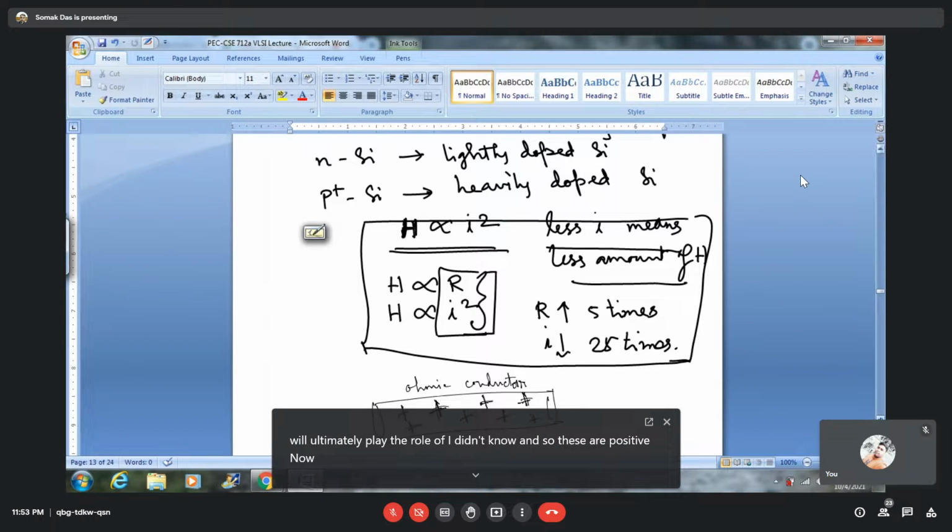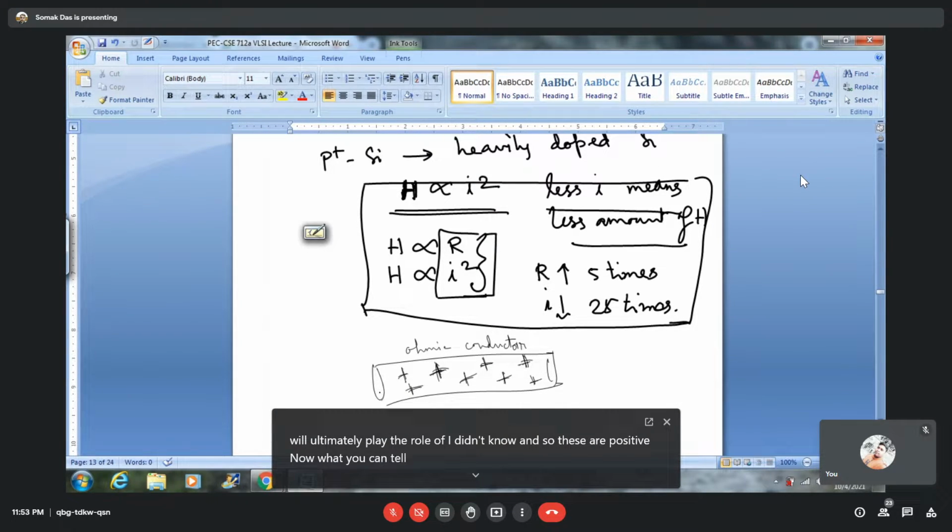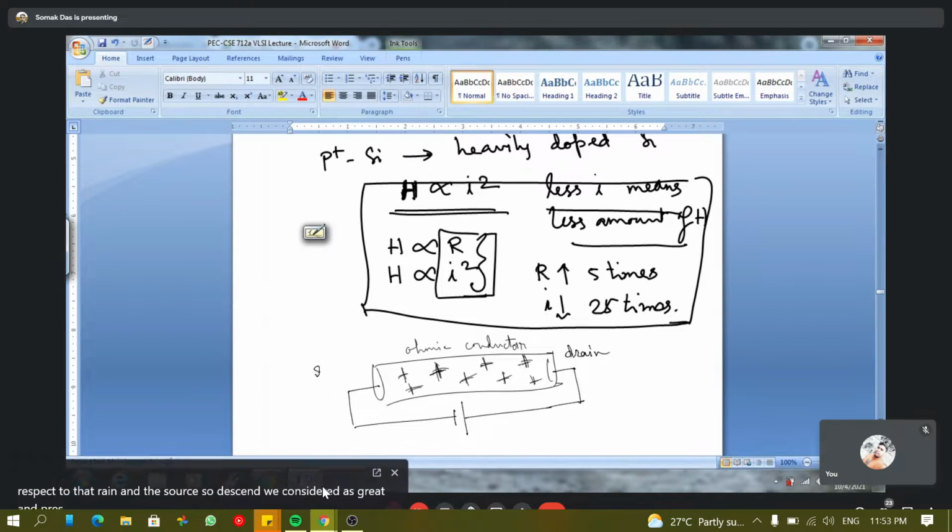Now, if you connect another source of battery with respect to the drain and the source, so this end will be considered as drain and this end as source.